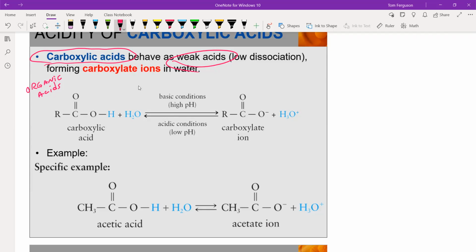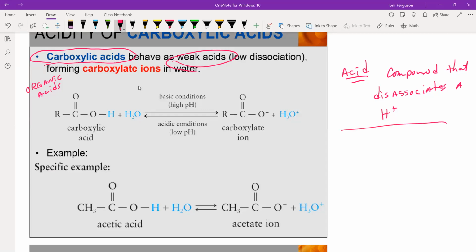That means a weak acid, by definition, is one that has less than 100% hydrogen ion dissociation. So let's look at an acid. What is an acid, first of all? It's a compound that dissociates a hydrogen ion. So you have 2 kinds.